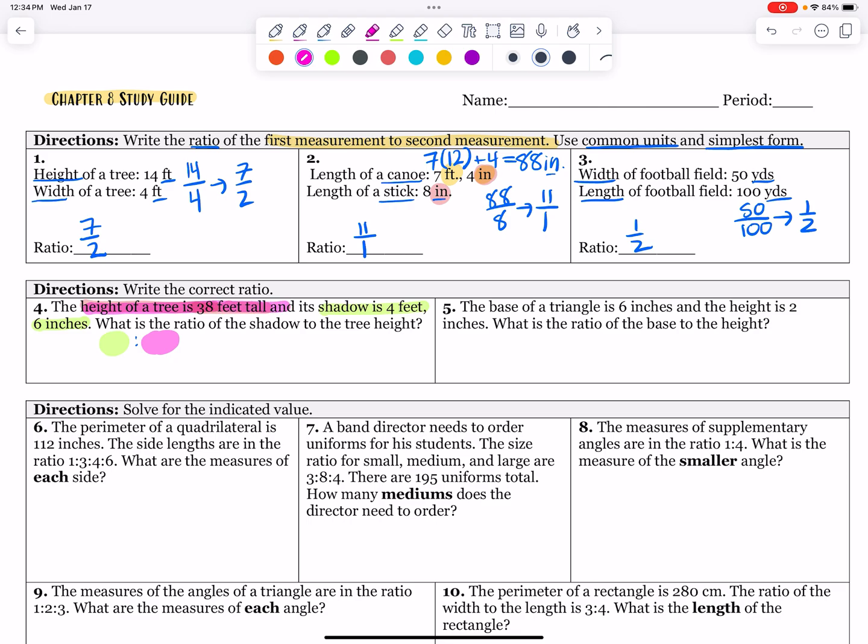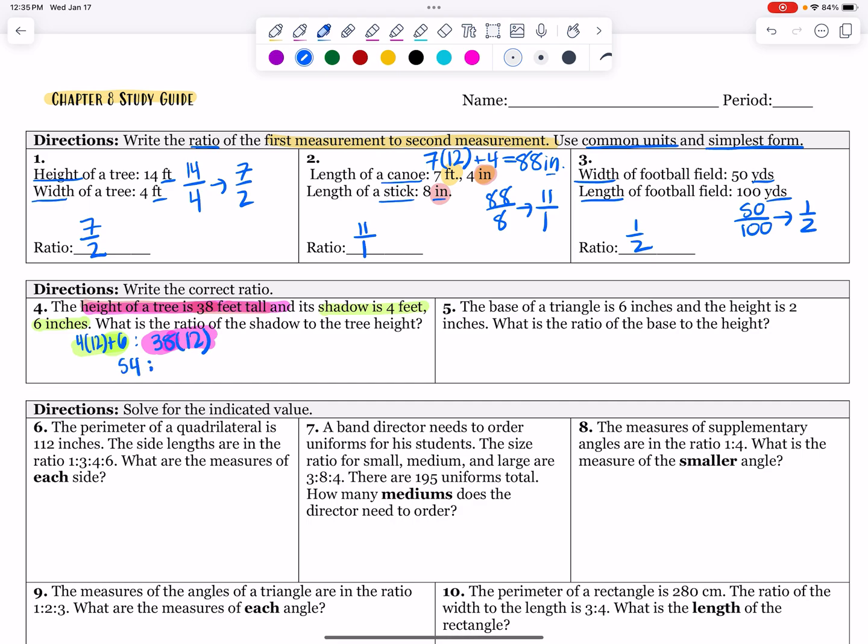So what we want to do is, that's 4 feet 6 inches, so we want to convert that completely to inches. And so when I do that, I'm going to have to do 4 times 12 plus 6, and I'm going to compare that to 38 times 12. We are having to convert all of this to inches. And so when I do that, 4 times 12 is 48 plus 6 is 54.